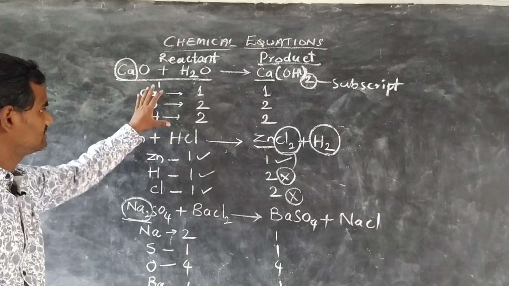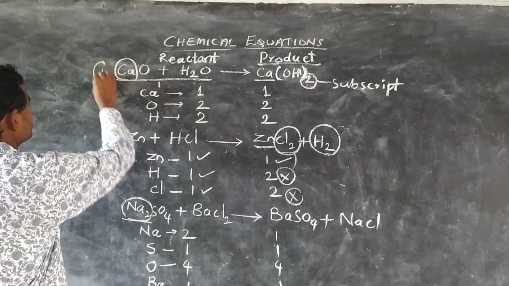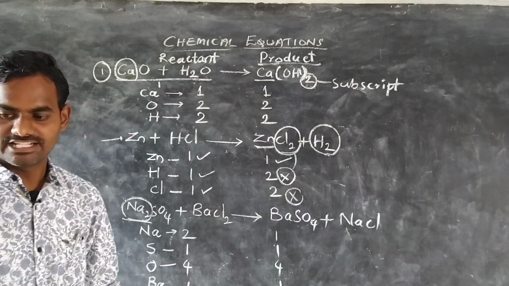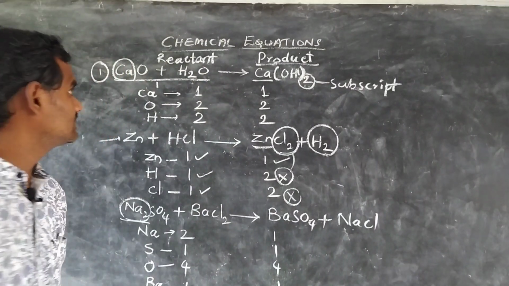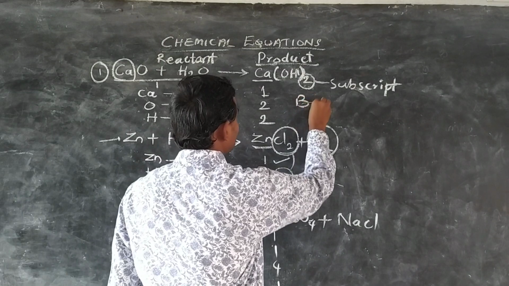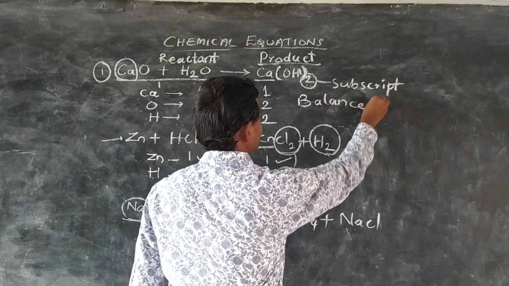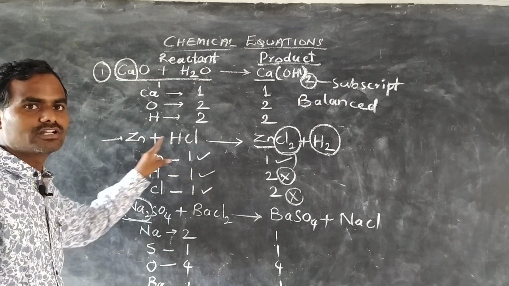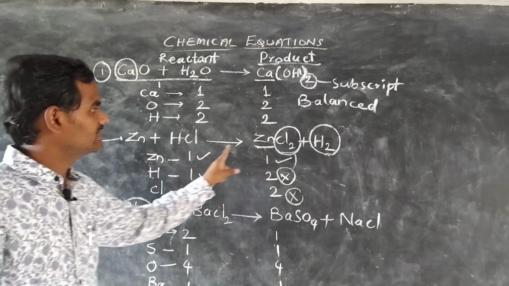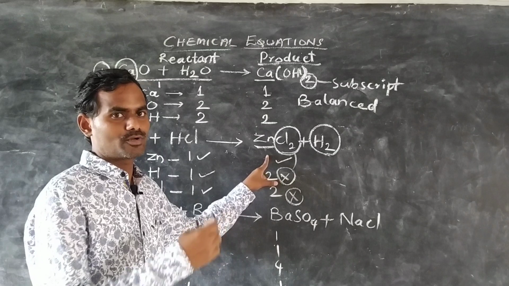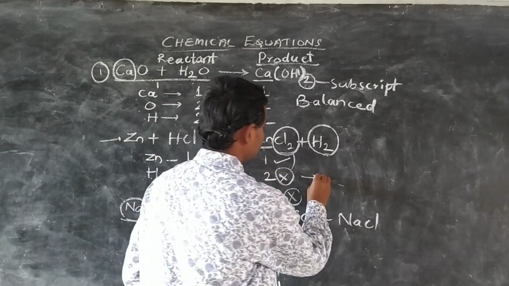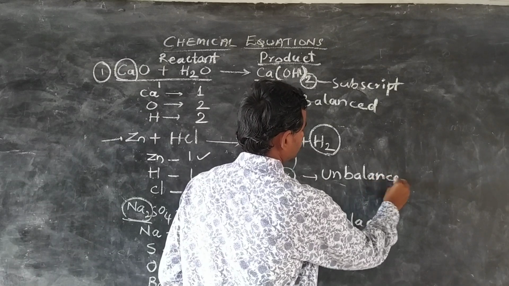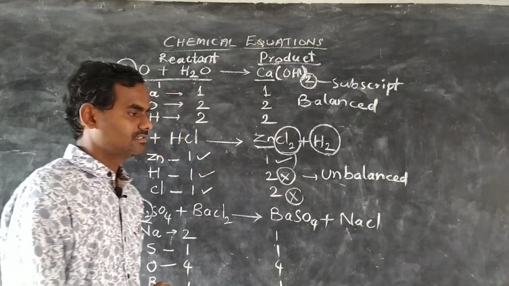If we observe these three equations, in the first equation all are equal, it means it is a balanced equation. In the second, the number of atoms on the reactant side are not equal to the number of atoms on the product side, it means it is an unbalanced equation.